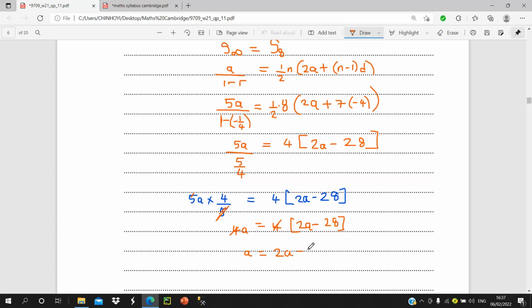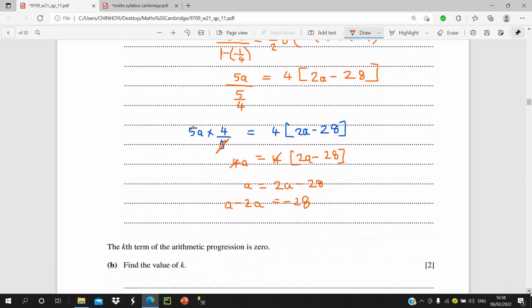Then taking all the terms in a to one side, we have a minus 2a, and here you remain with negative 28. So a minus 2a gives negative a, which is equal to negative 28.